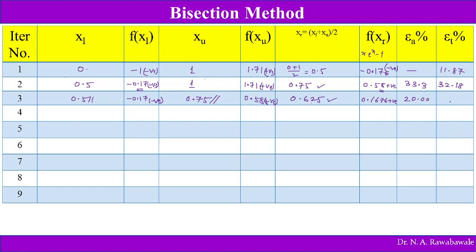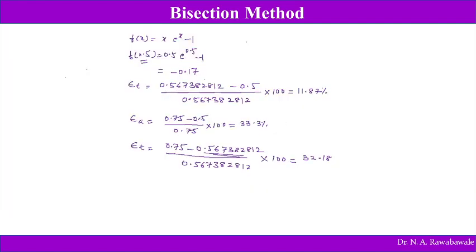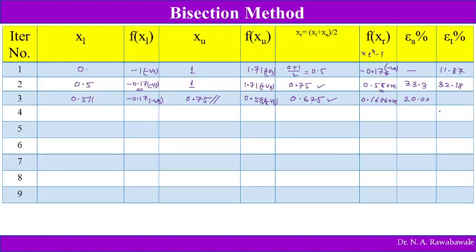20.0%. Then true error we want to find out, so true value is given to us, so a revised approximation is 0.625, so 0.625 minus 0.56738281 divided by 0.56738281, so this is replaced by 0.625, and then we get true error again in this case as 10.15%.